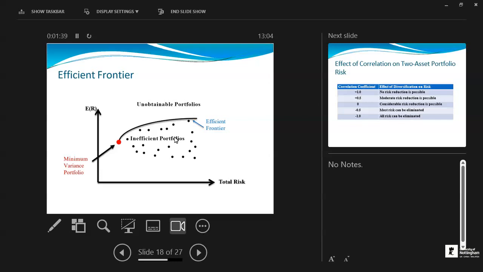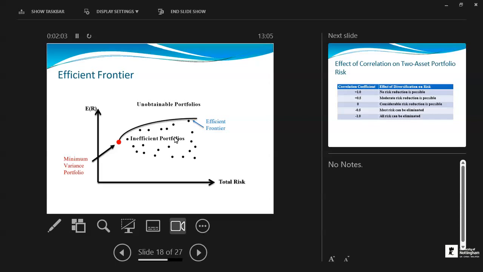So let's just quickly define the minimum variance portfolio. Minimum variance portfolio is a portfolio basically that has the lowest variance. Lowest variance. So as I said, all of these dots are portfolios. But which of these portfolios has the lowest variance, lowest risk?